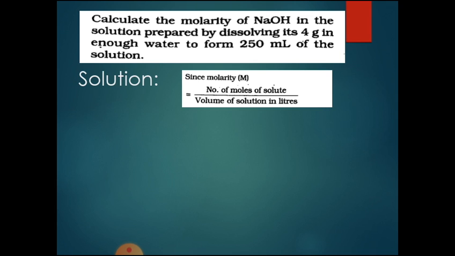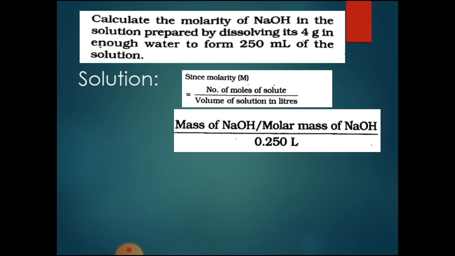According to this expression, the mass of NaOH dissolved is given, so instead of number of moles of solute we write mass of NaOH divided by molar mass of NaOH, by the volume of solution in liters. The volume of the solution is given as 250 ml, which converted to liter is 0.250 liter.